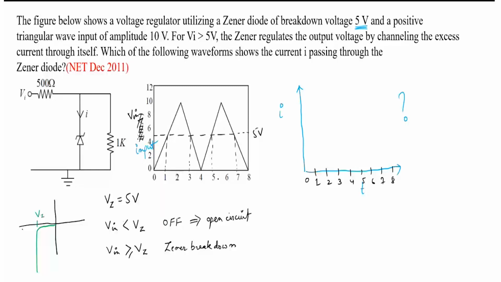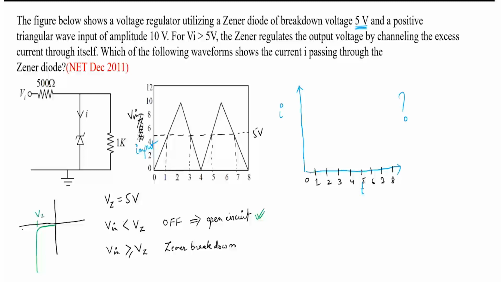So from 0 to 1, the input voltage is greater than Vz or less than Vz? Less than Vz. So if it is less, then it will be open circuit, right? Yes or no? Yes, sir. So if it is open circuit, what will be the current flowing through the Zener diode? 0.